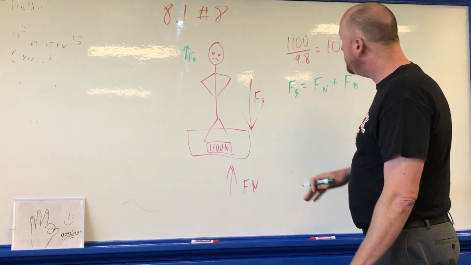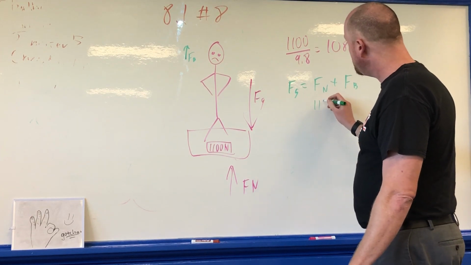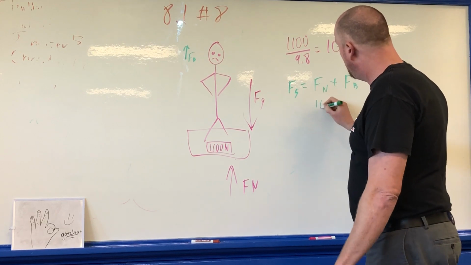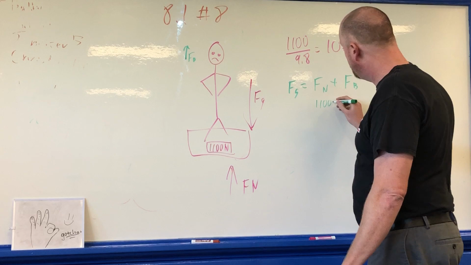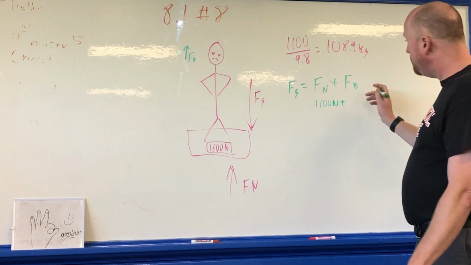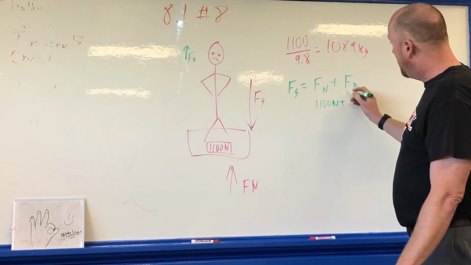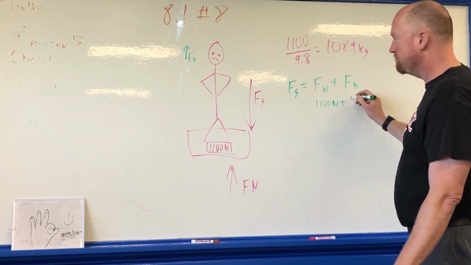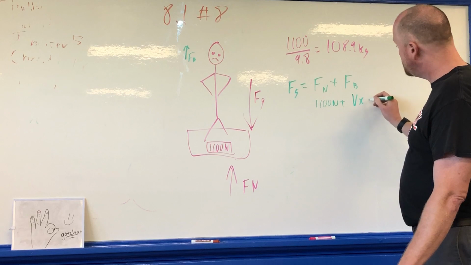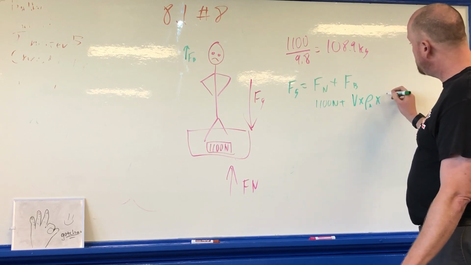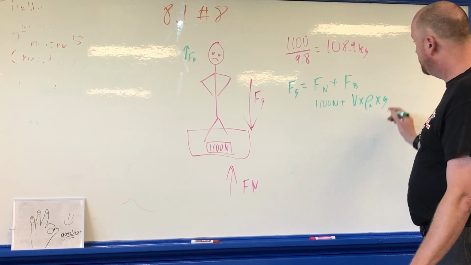So, what is the real force of gravity? The normal force was 1,100 newtons. The buoyant force in my body, well, the formula for the buoyant force was equal to my volume times the density of the air times the force of gravity.